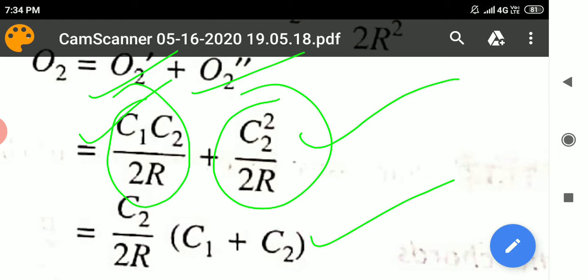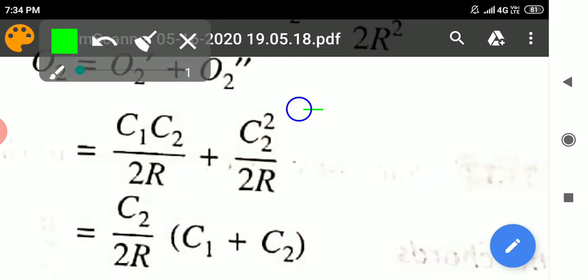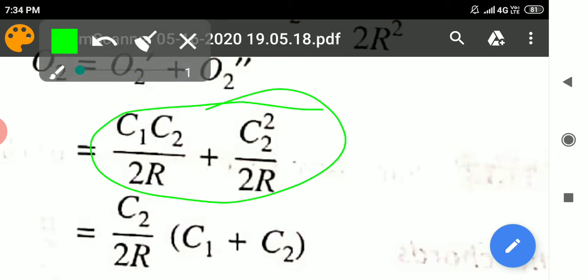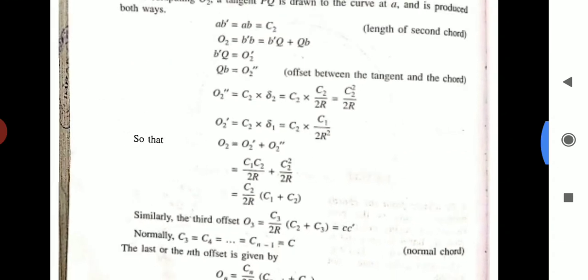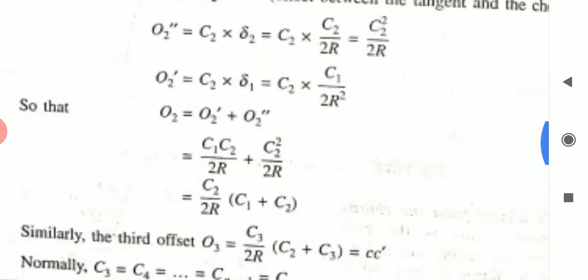In both I take the common factor outside, C2 divided by 2R. So O2 is nothing but C2 by 2R into C1 plus C2.